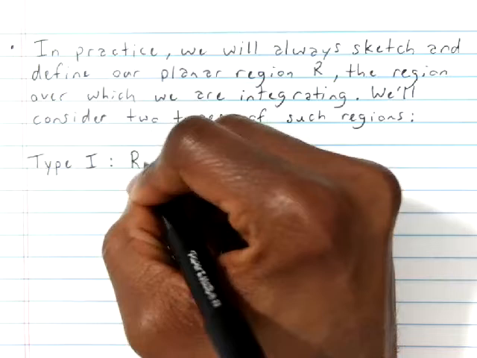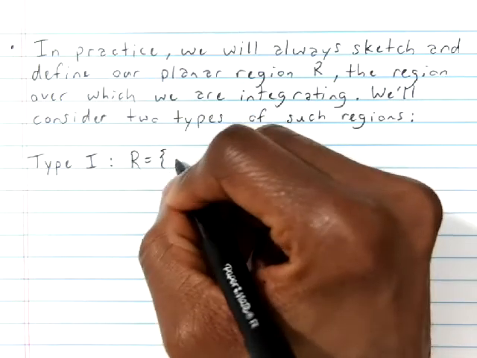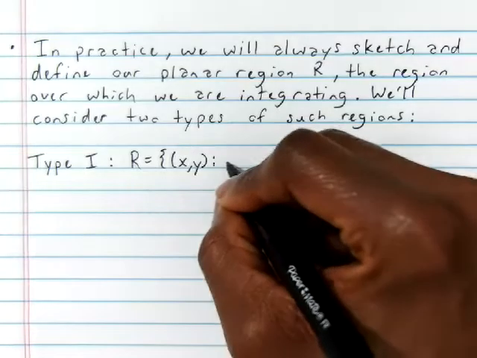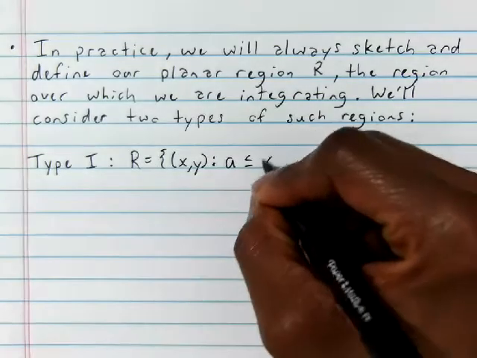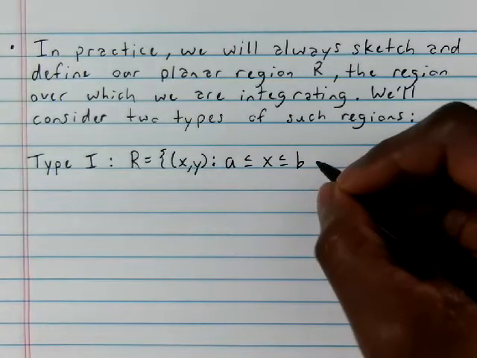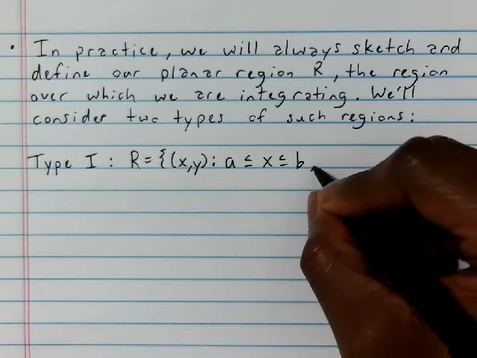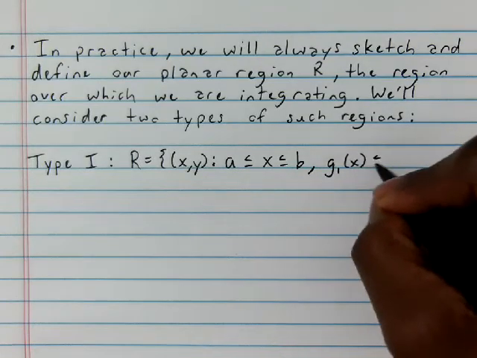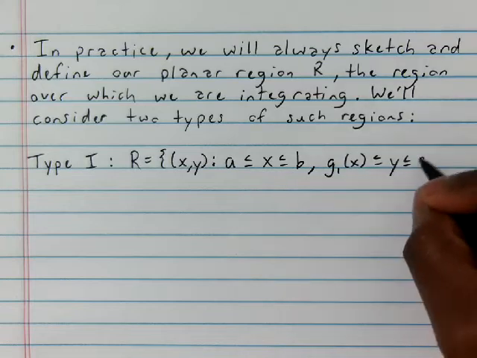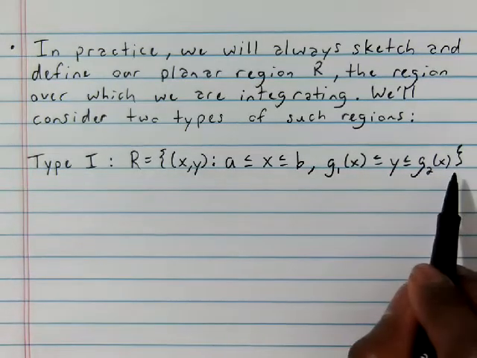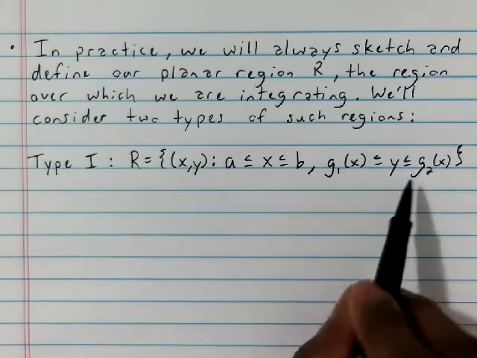It's given by R equals the set of points x, y, such that x is between some constants a and b, and then y is between two functions, g sub 1 of x and g sub 2 of x. So when I say define our region, that's what we would write down.